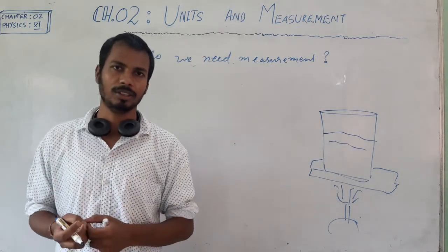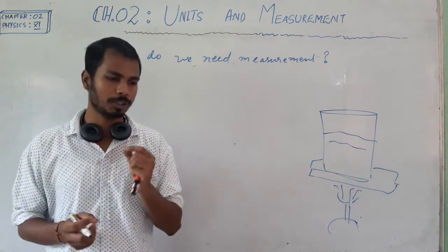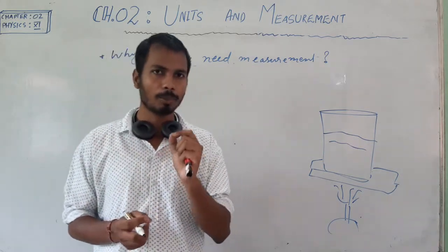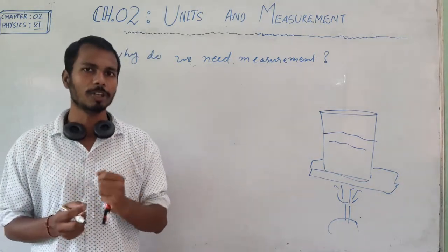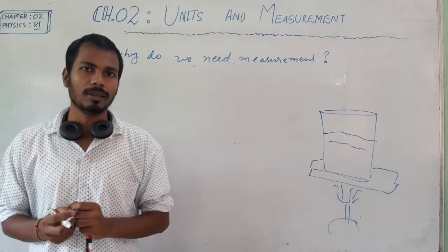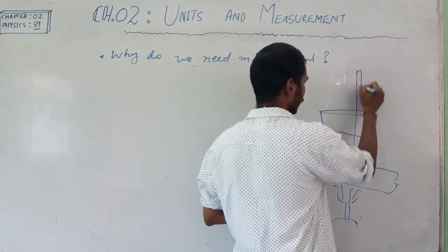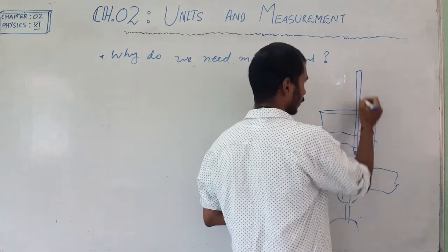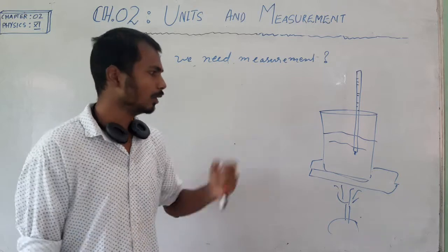How will you measure? For that measurement you need a proper, appropriate, precise device to measure the value of the temperature. To measure the boiling point, you need a thermometer, that is a laboratory thermometer.